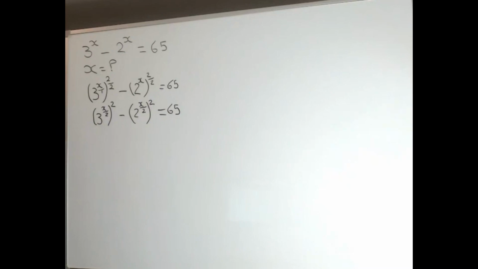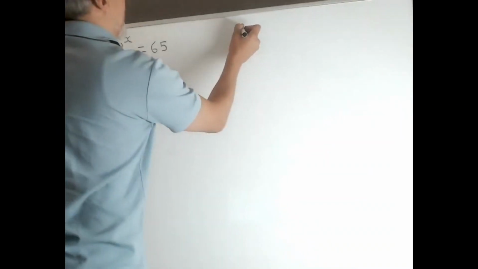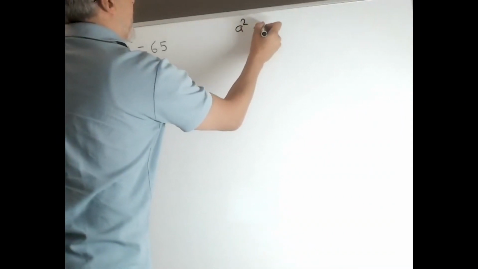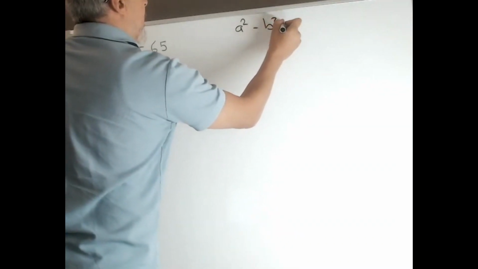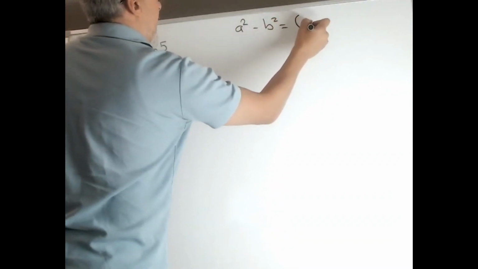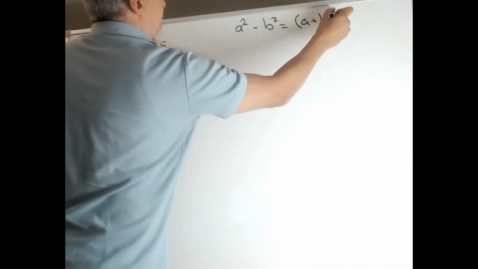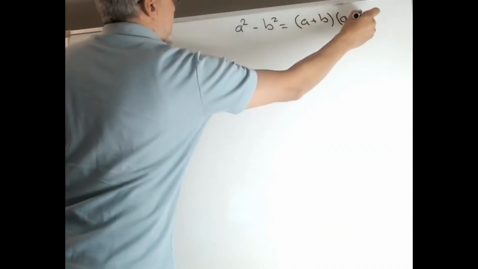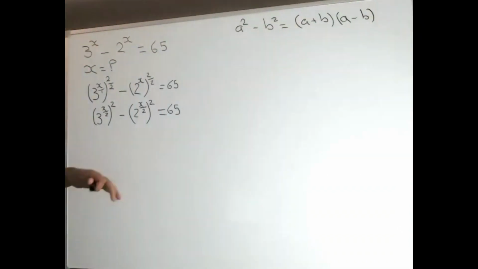Now, all of us know that a squared minus b squared equals a plus b, a minus b. So that's basically the difference of squares.